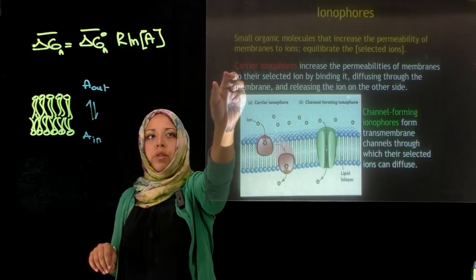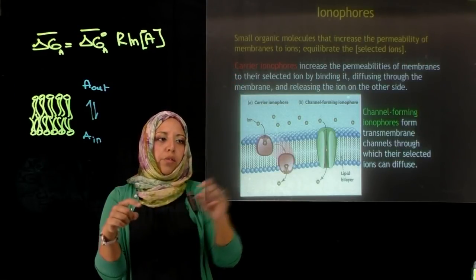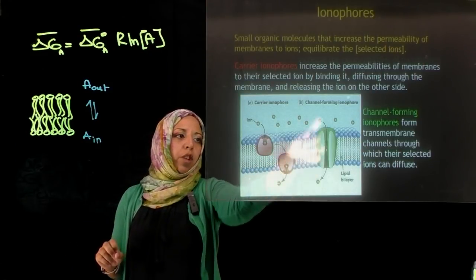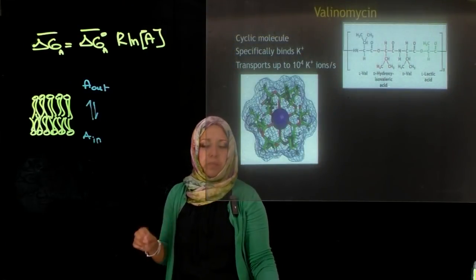So those are known as carrier ionophores. They bind, they carry that ion, they diffuse through to the other side of the membrane, and then they release it. Channel forming have a channel where the ion is passing through.